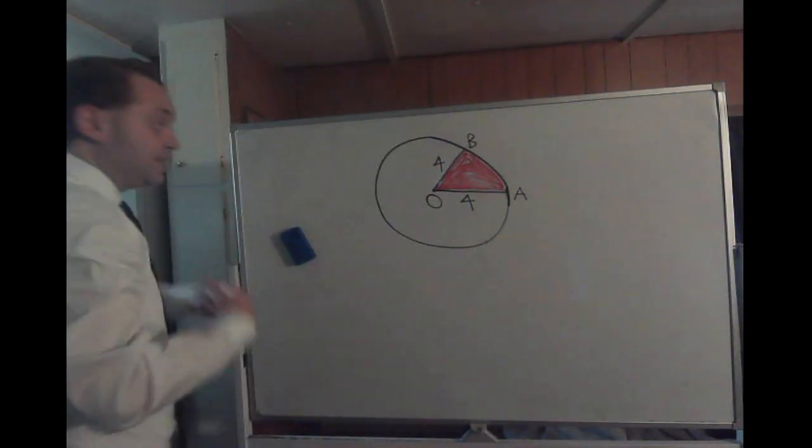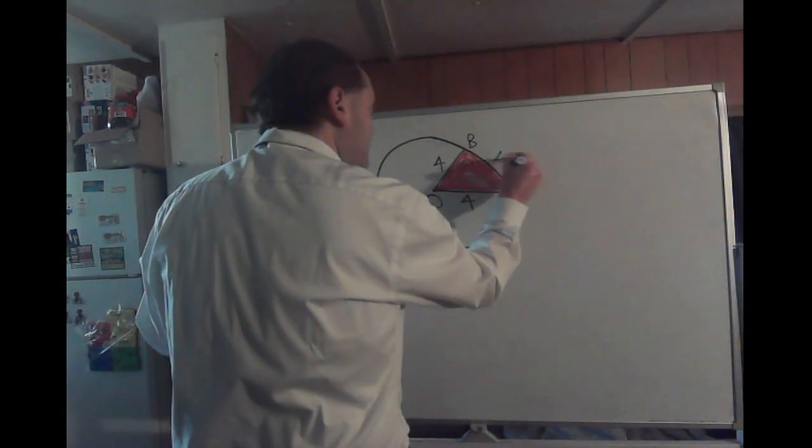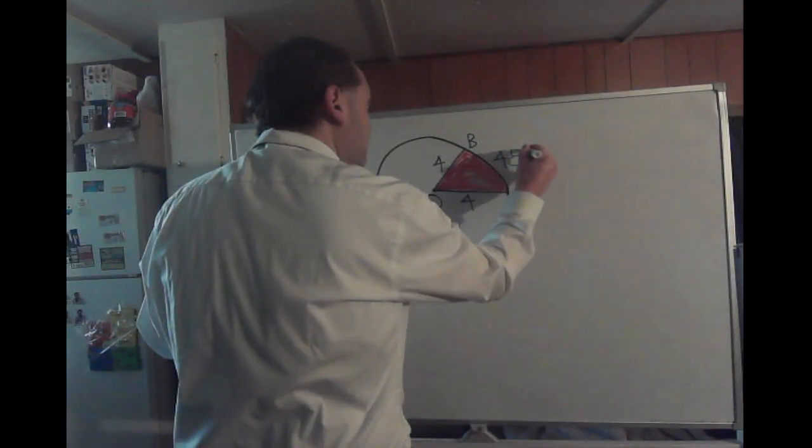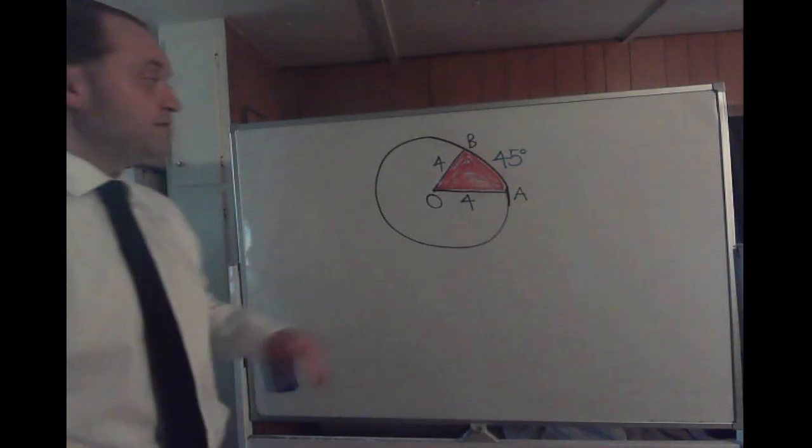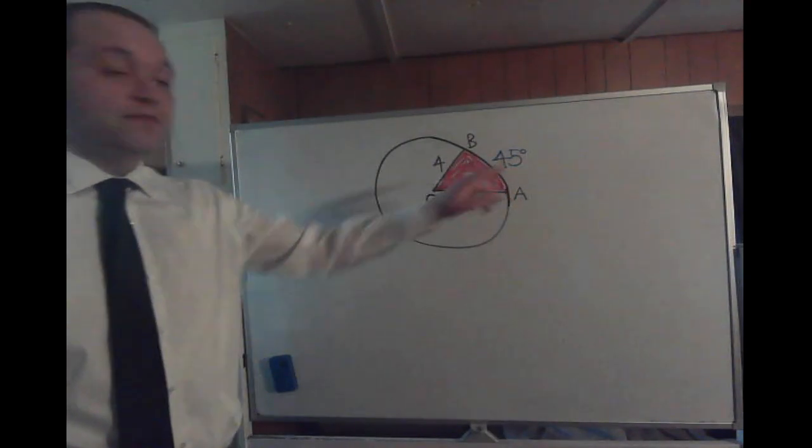Alright, they give you that the measure of arc AB in this case is going to be 45 degrees. So we have arc AB that's 45 degrees.